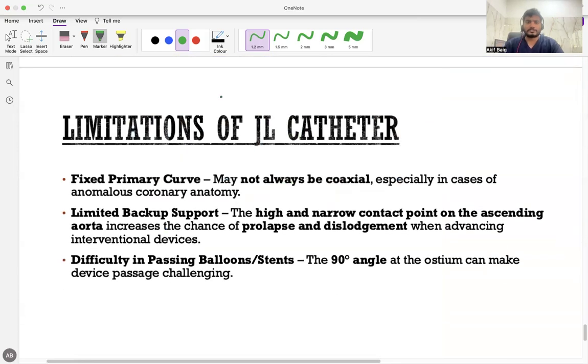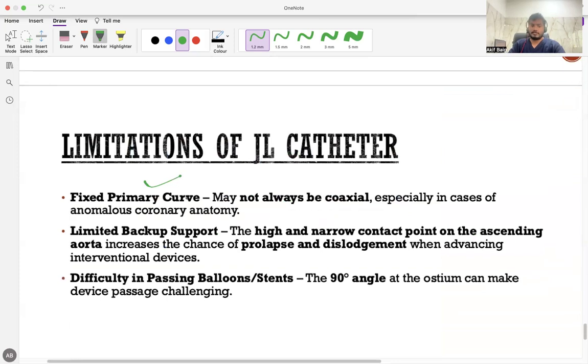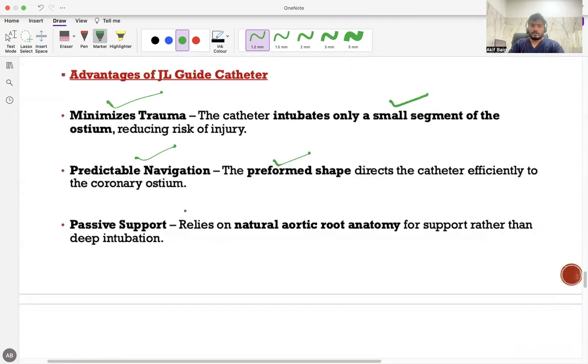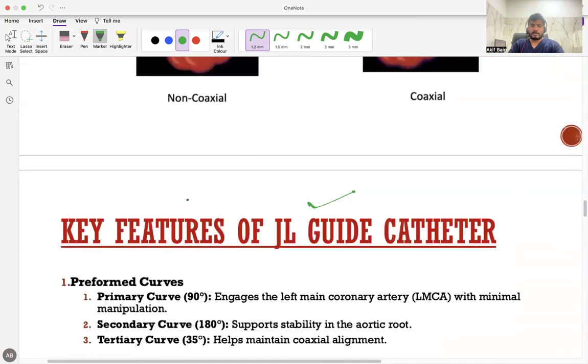Coming to the limitations, it has a fixed primary curve, so it may not always be coaxial. Suppose you have an anomalous coronary artery, it may not sit properly, and there is limited backup support. It takes the support of the opposite wall. It does not have a whole support as such, because the EBU takes the support of the whole aortic annulus.